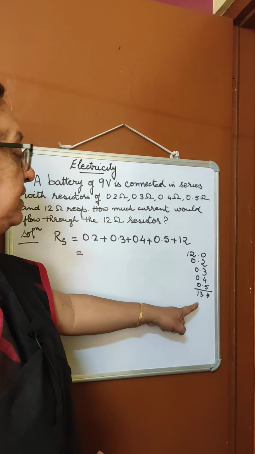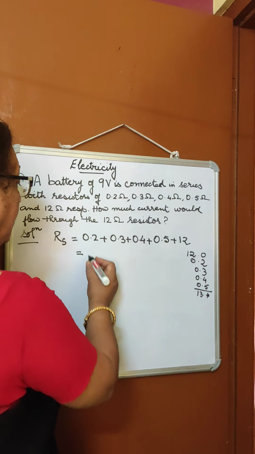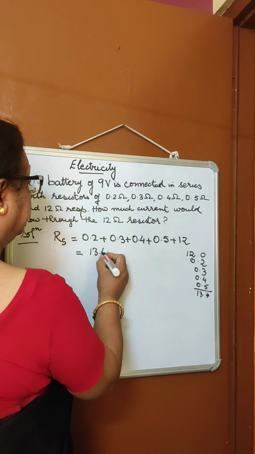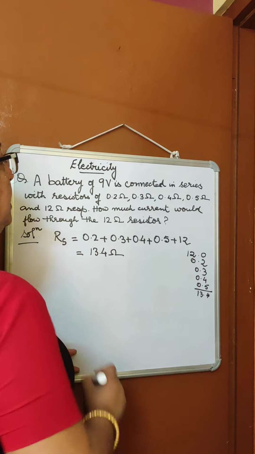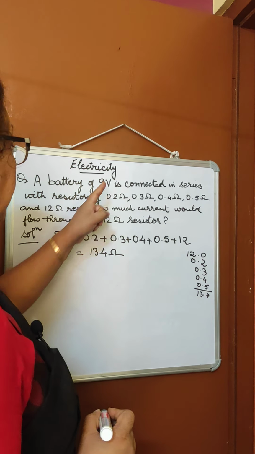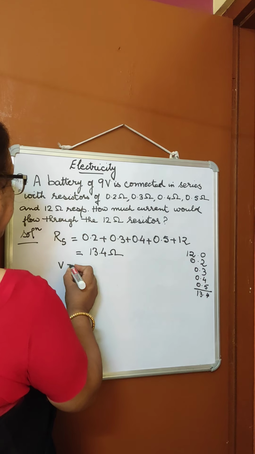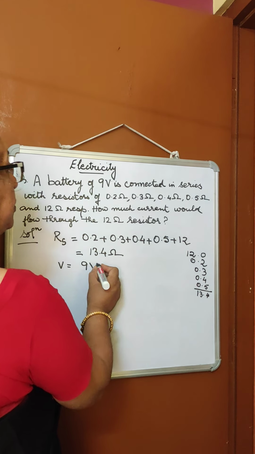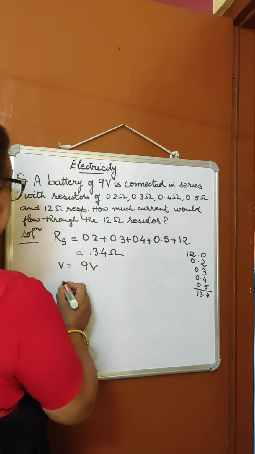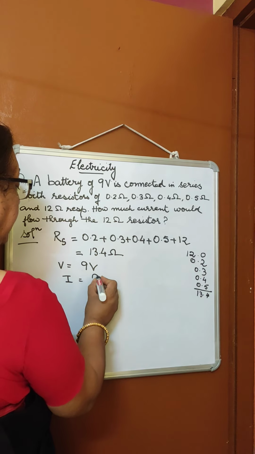So the equivalent resistance is 13.4 ohms. And what else is given? The voltage, 9 volt. So how much current? You need to find the current.